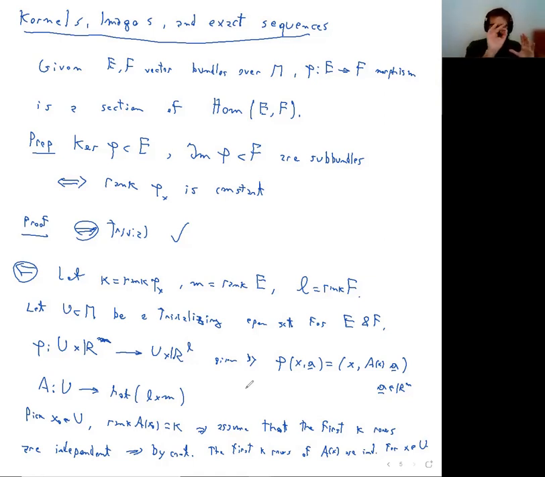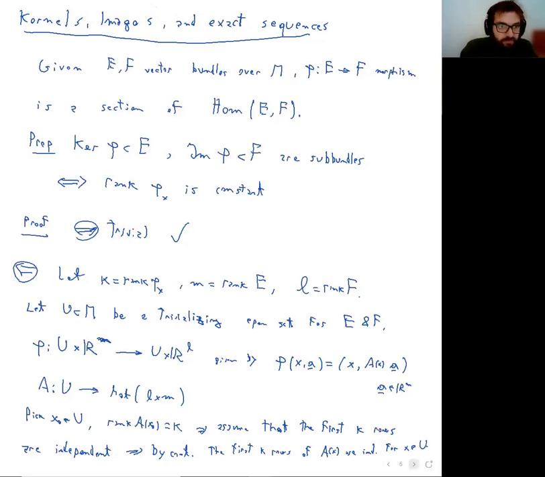So if you're non-zero at a point, and the minor is an algebraic operation of the entries, this is a continuous map. I don't know if you've ever seen this argument before, but if you have some independent vectors, it basically means some determinant is non-zero, and if you're non-zero at a point, then you're also non-zero in a neighborhood, because everything is continuous.